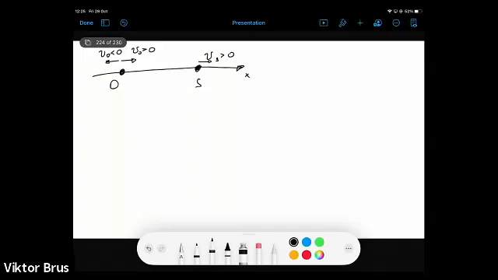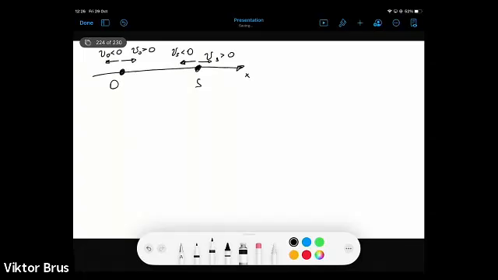So this is this direction. If it goes in the opposite direction, then Vs is smaller than 0. So that is some reference now.